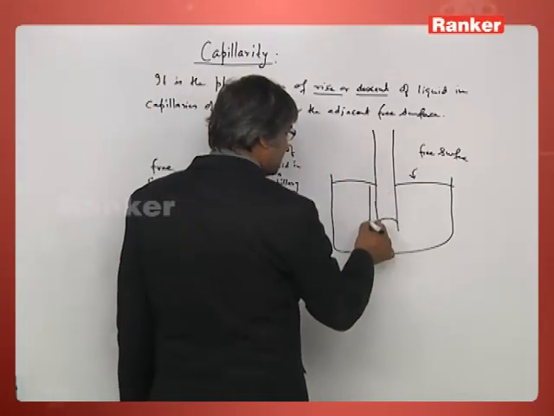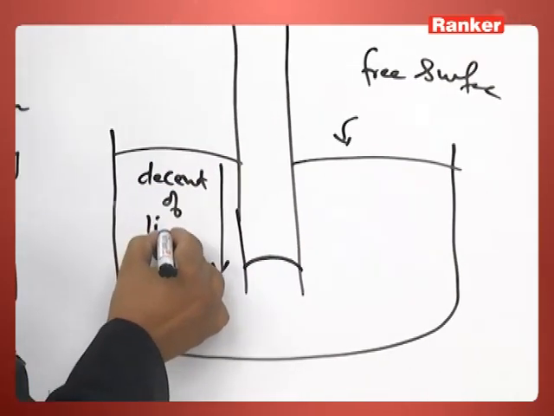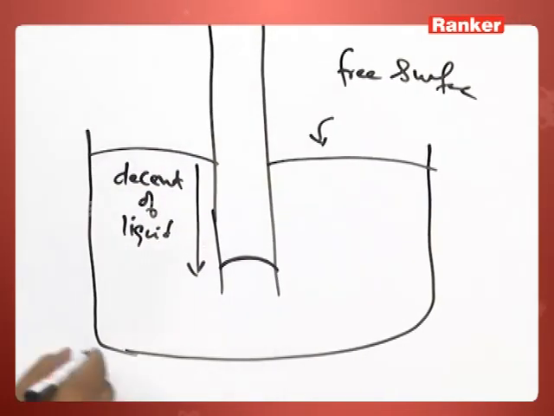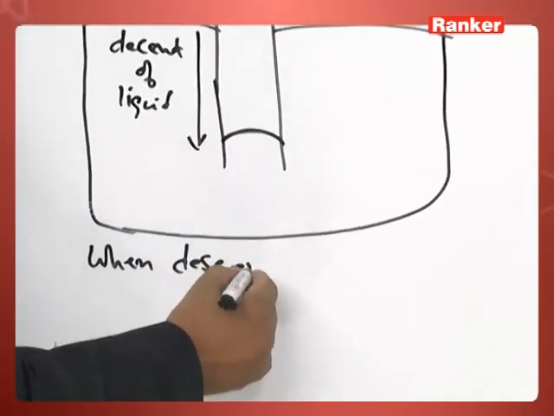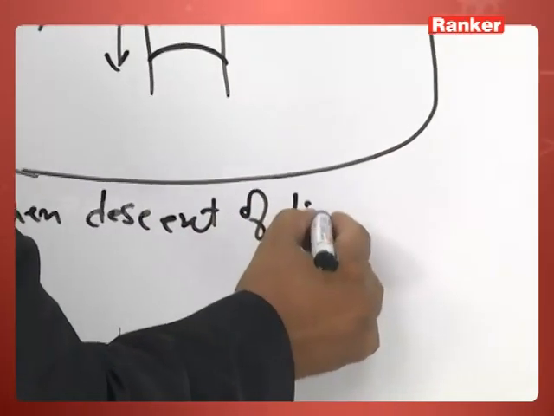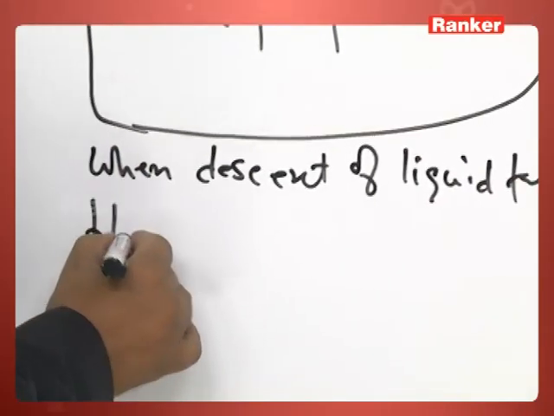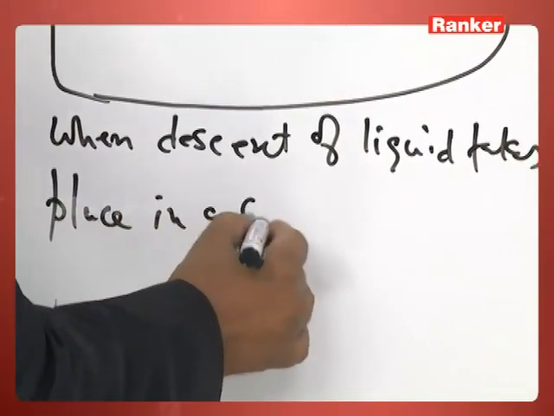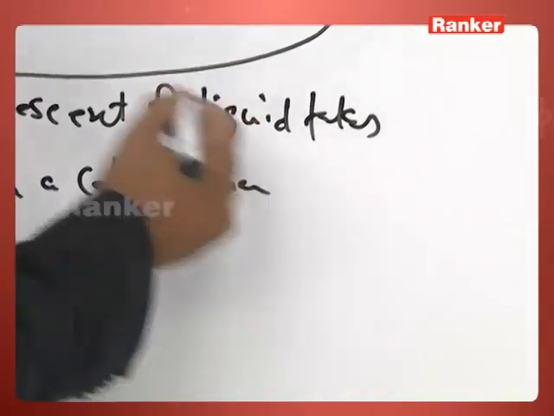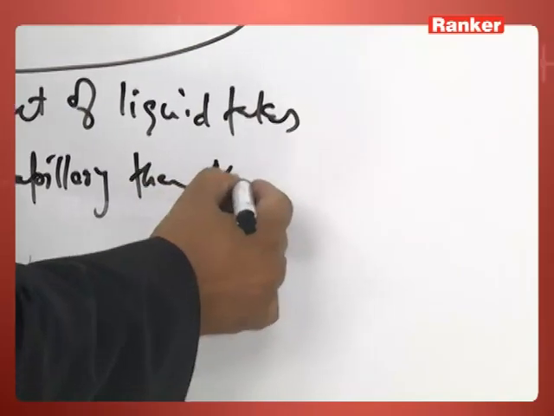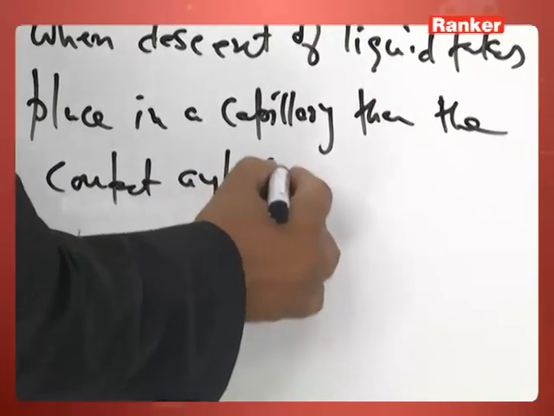So, when descent of liquid takes place in a capillary, then the contact angle is obtuse.